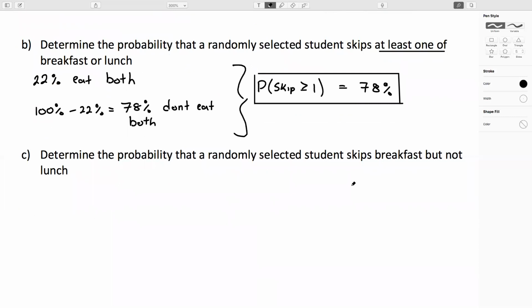So let's write out what we know. Determine the probability that a randomly selected student skips breakfast but not lunch. We know 62% skip breakfast, 24% skip lunch.